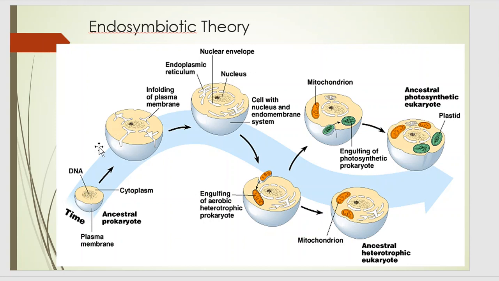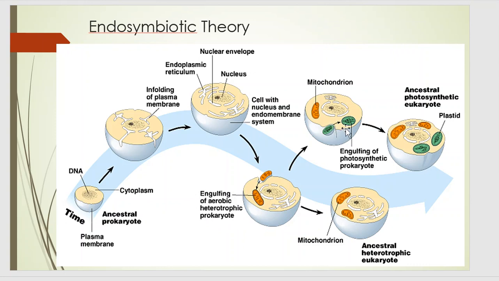And we have another large prokaryotic cell, and you can see this cell membrane has a lot of enfoldings. And guess what happens? Over time, these small prokaryotic organisms got inside, engulfing aerobic heterotrophic prokaryotes.